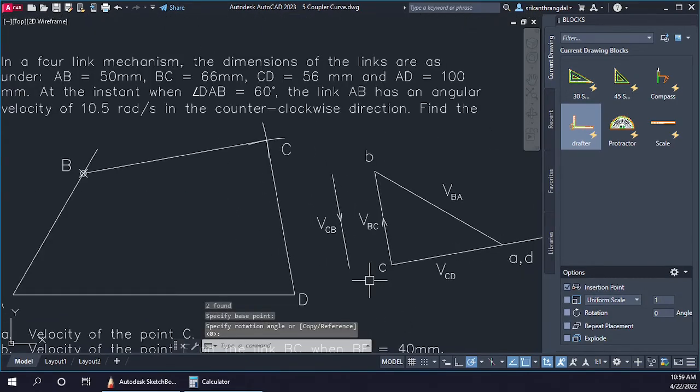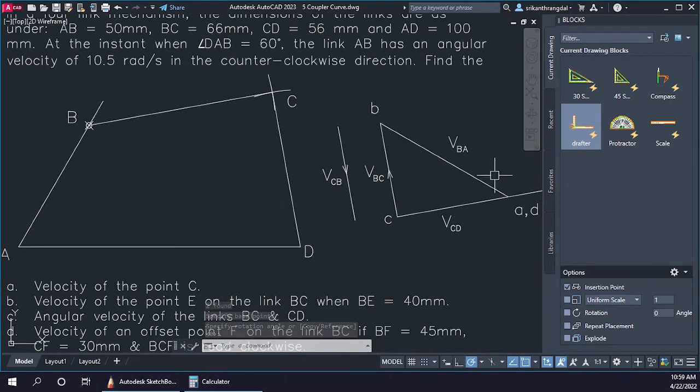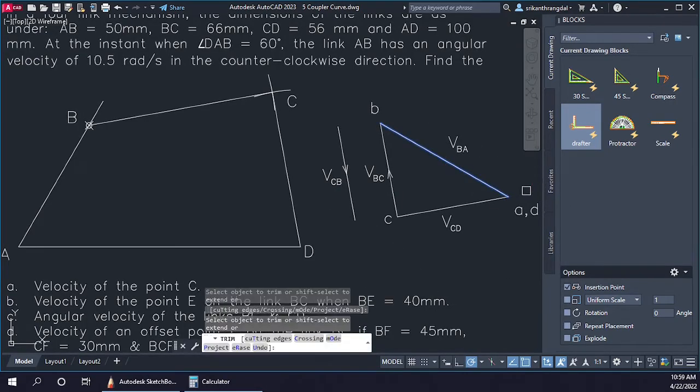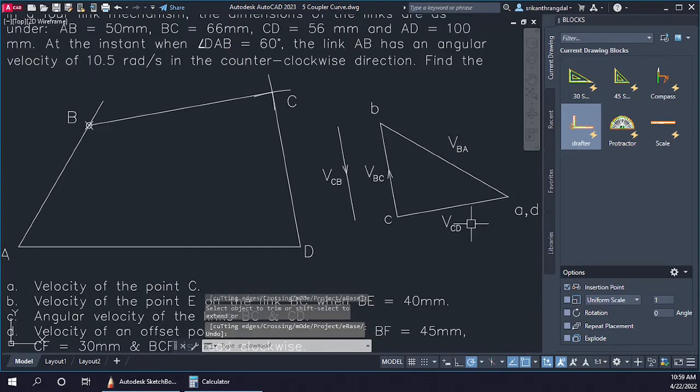Okay, so this is the velocity diagram, and by measuring the edges of this, we'll be able to get the values of these velocities.